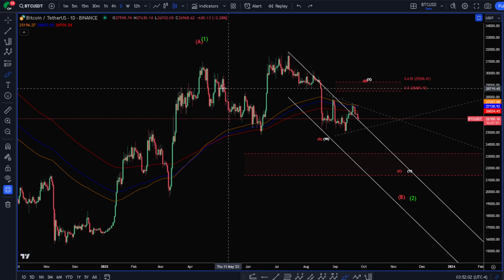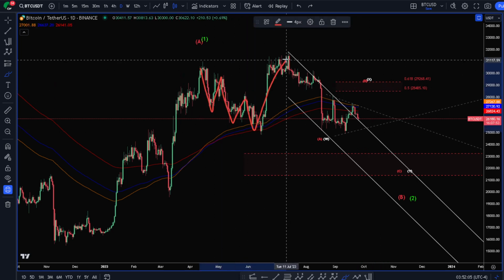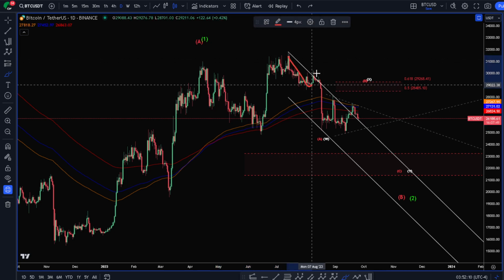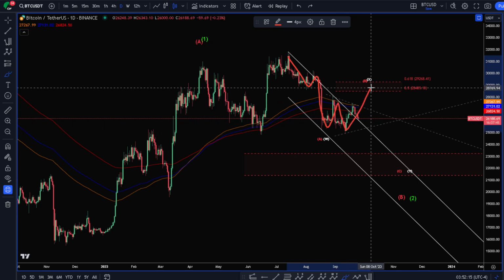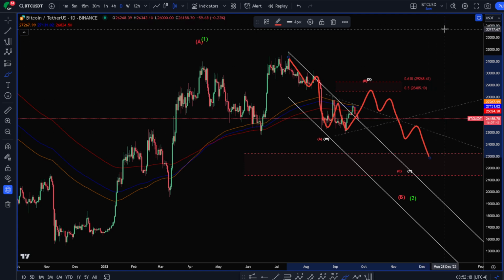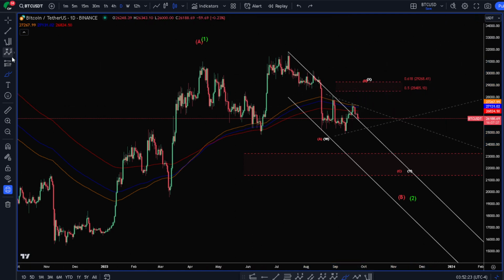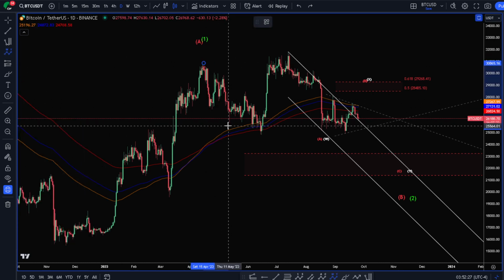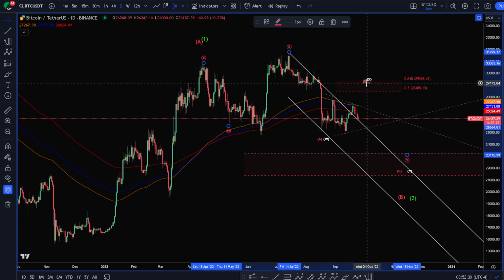Then we can get a flat, or this is a zigzag. We get our X wave, and then we get our 3, and then 5 waves down as a flat. And that would just make us a larger W, X, Y. Just get a 3, 3, 5.